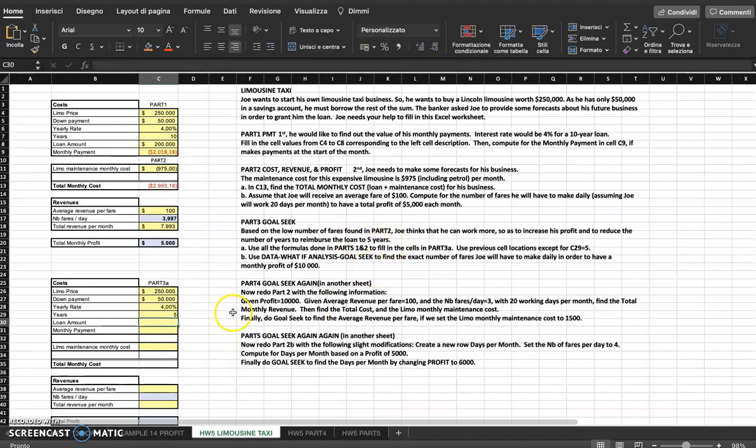For the loan amount, we have to do our first computation as we did here. So equals limo price minus the down payment. Okay, and this is our loan amount. Now again we have to do the rate, so equals rata, because I have the Excel in Italian. Again we put the yearly rate divided by 12, because again it's the months.